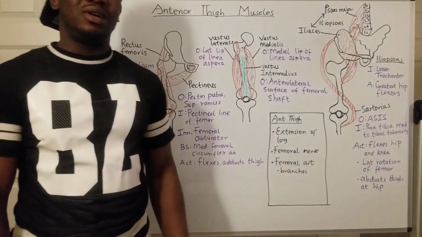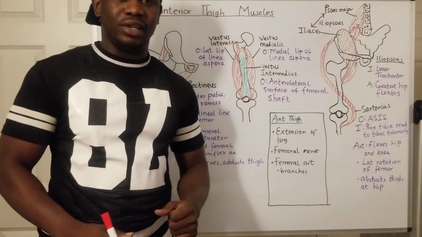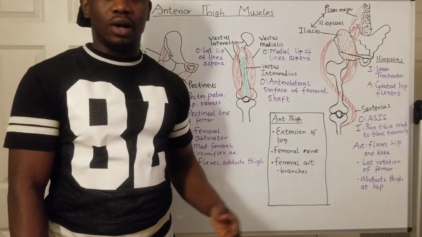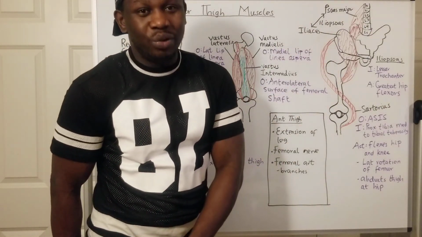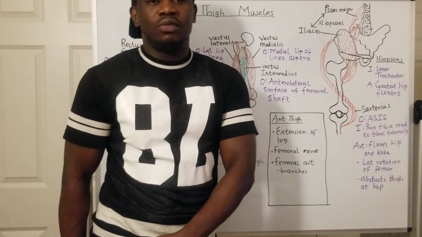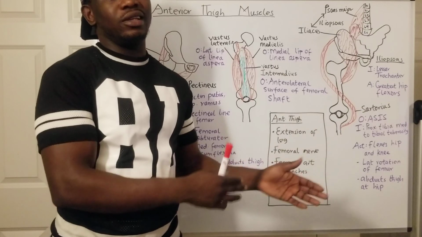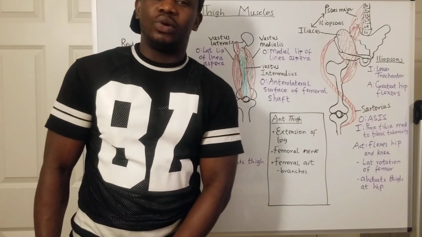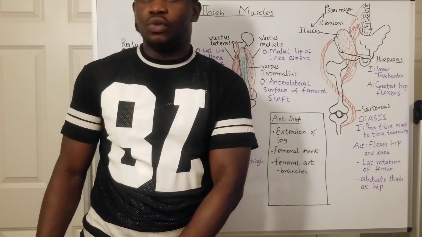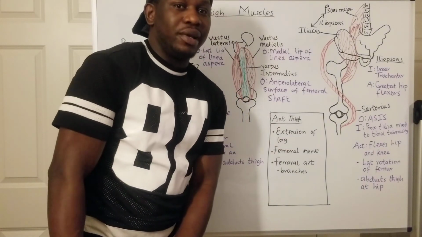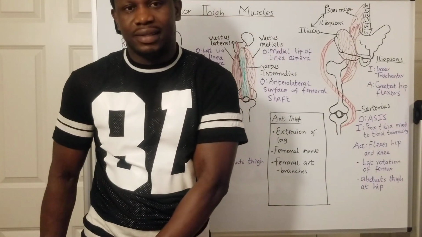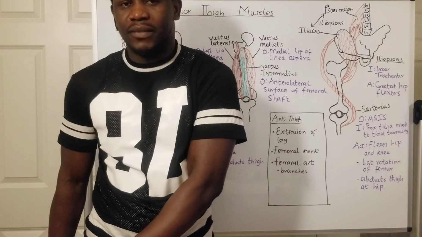Then we have the greatest flexor of the hip, which is the iliopsoas. The sartorius is also responsible for flexion of the hip, but not as great as the iliopsoas. The sartorius is also able to abduct the thigh, and the pectineus is able to adduct the thigh.